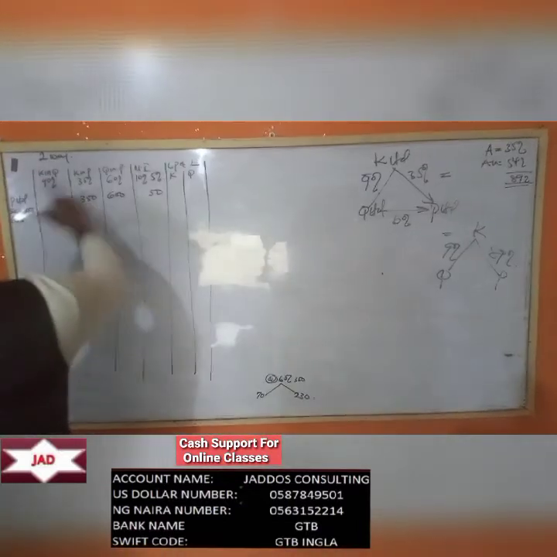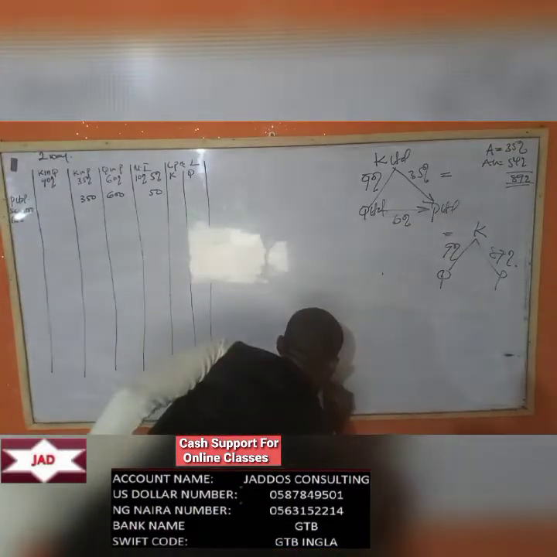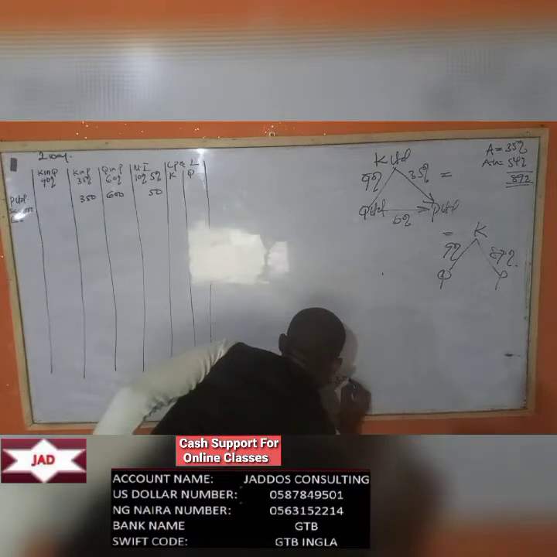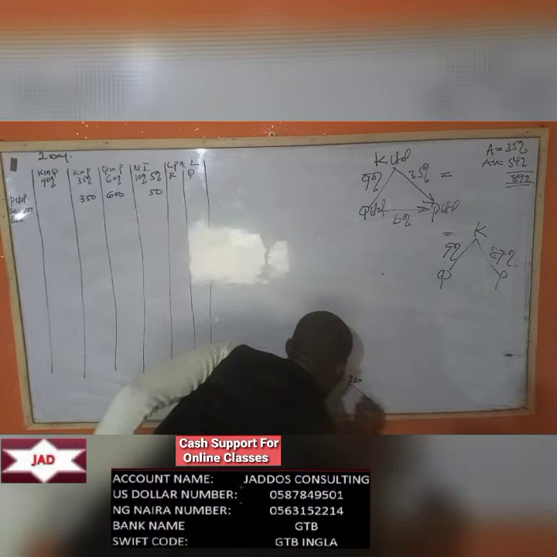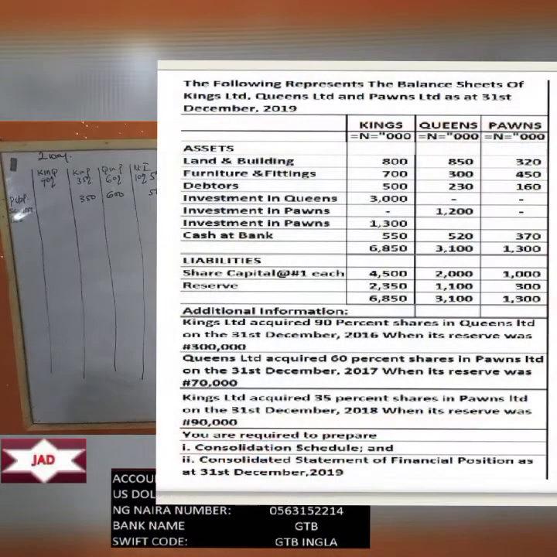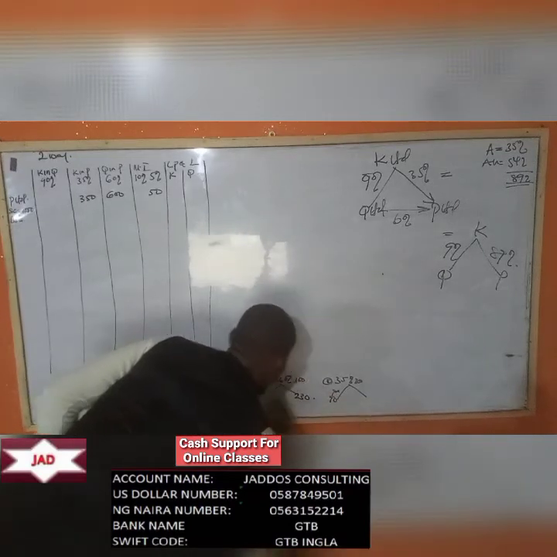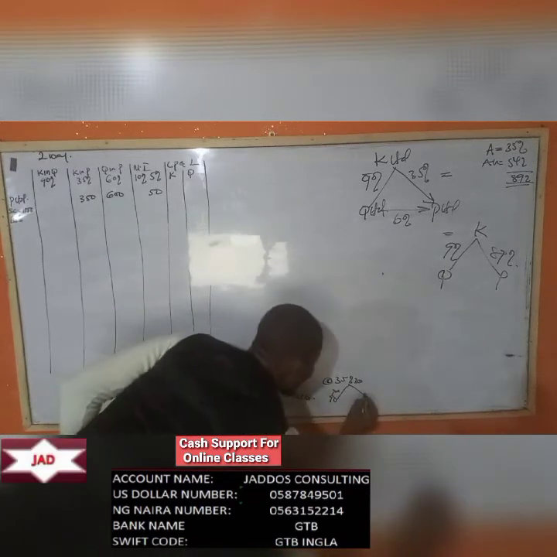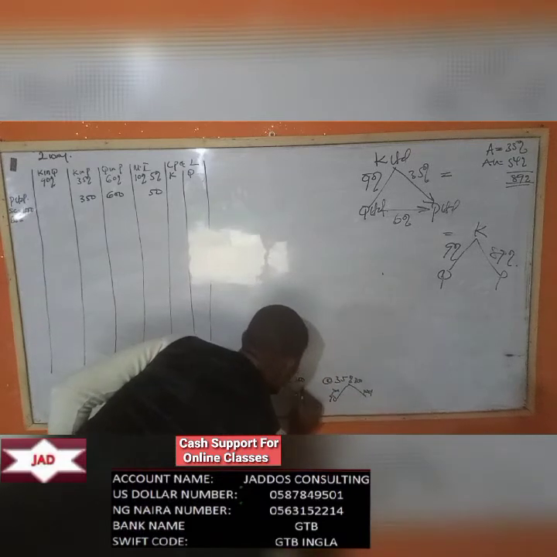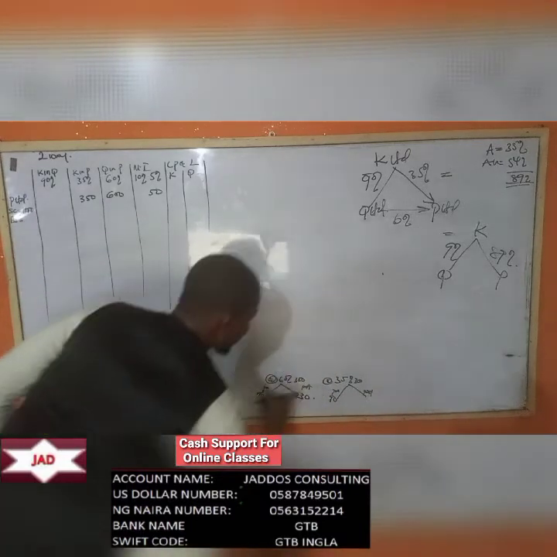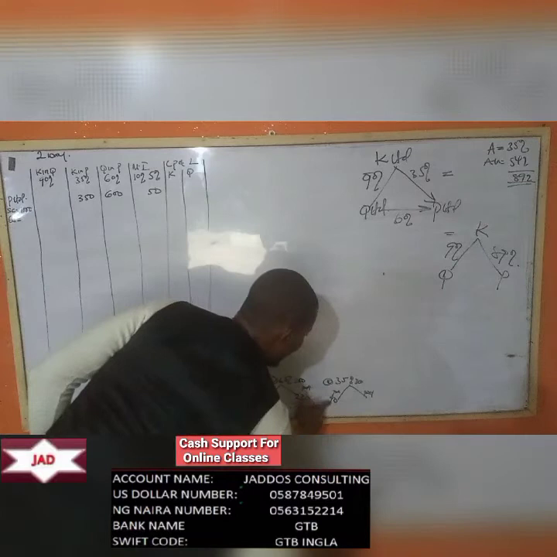And of course we have at 35%, we still have 300, but at 35% the pre-acquisition reserve is 90.